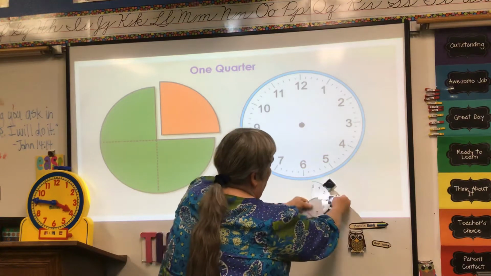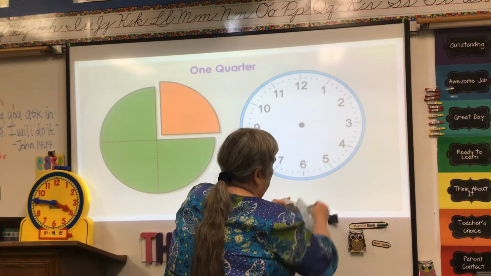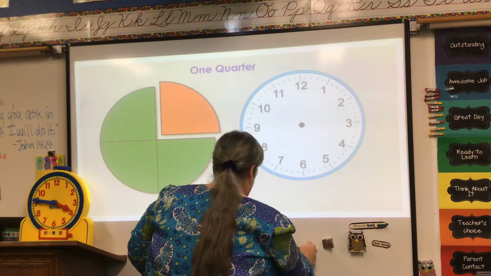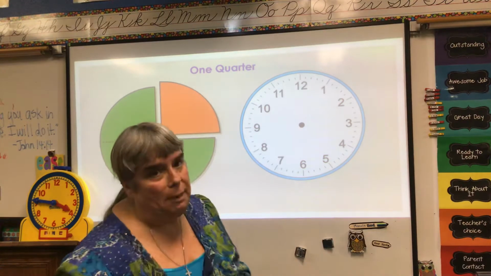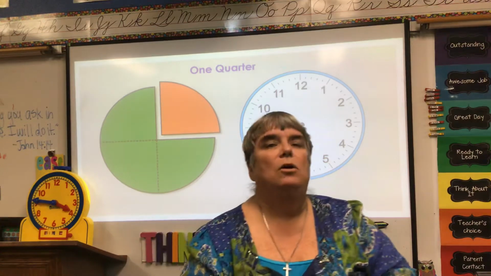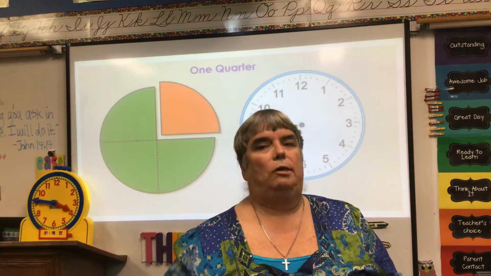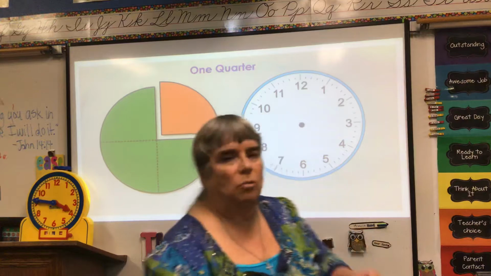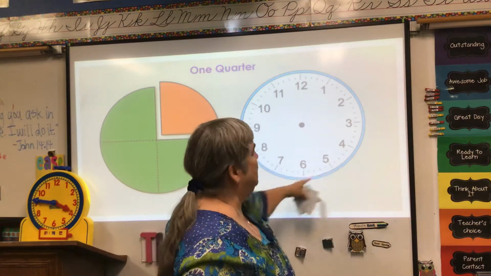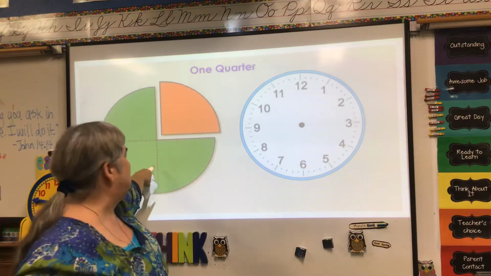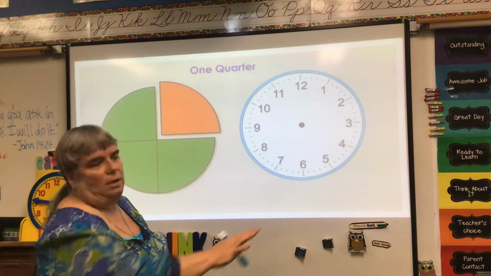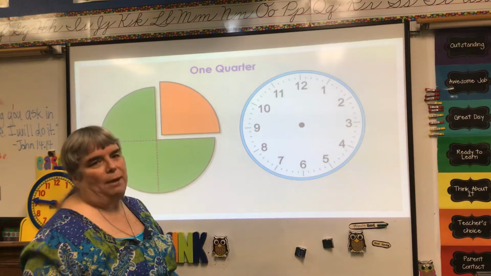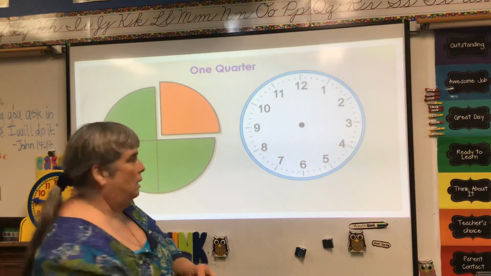And so that's how you get, when you have 4 equal pieces, you're going to remember from when we studied money, how many quarters are there in a dollar? 4. So when we take a clock and we split it into fourths, 12 divided by 4 is 3.